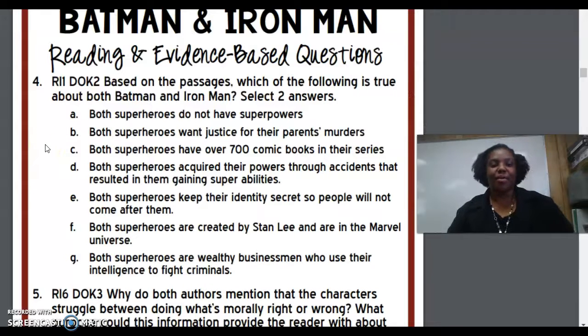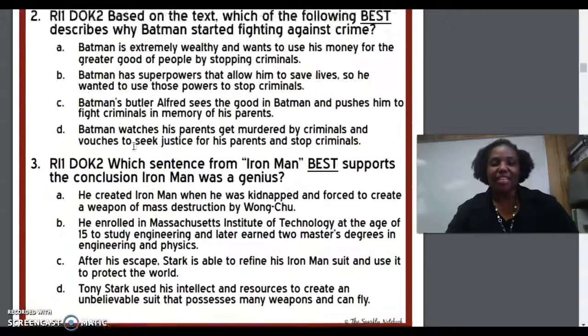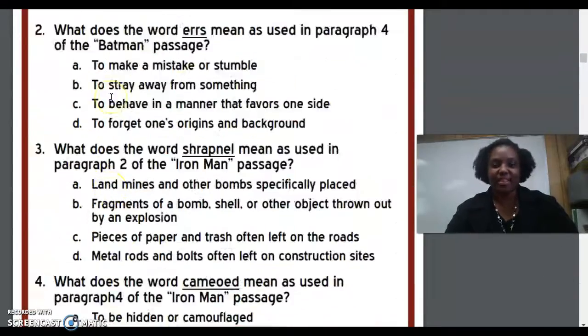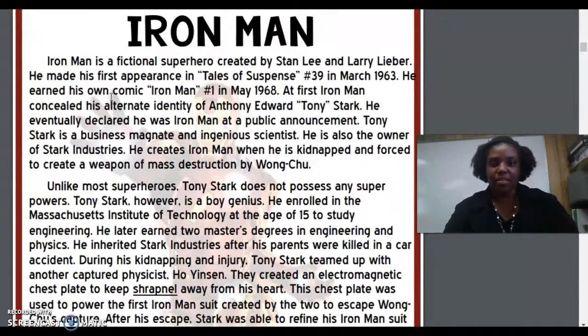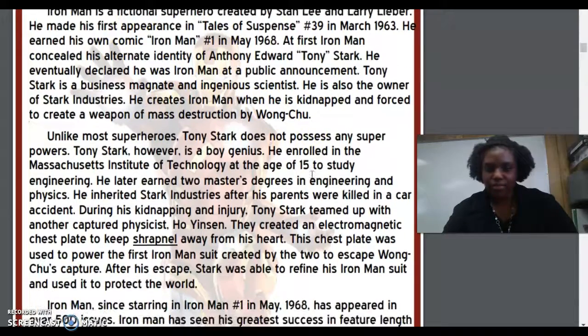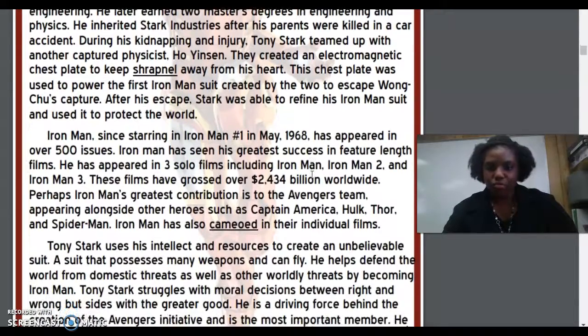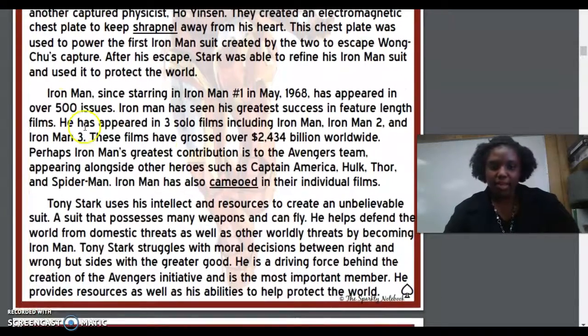Going back to our questions, C, both superheroes have over 700 comic books in their series. Let's look for our text evidence. 700 comic books. So Iron Man has 500 issues.